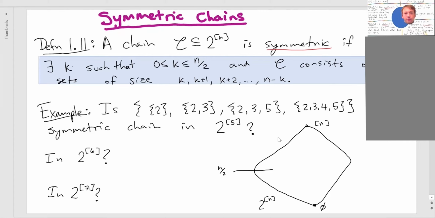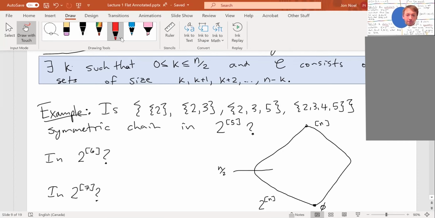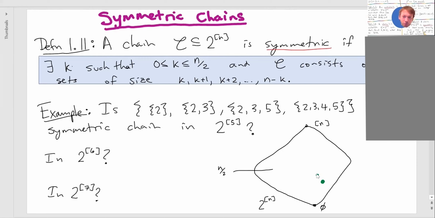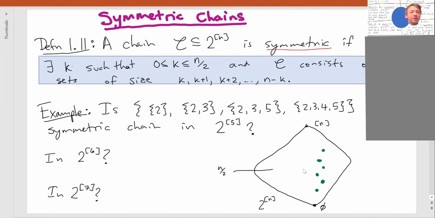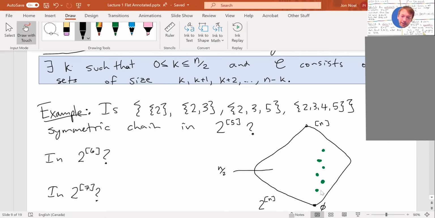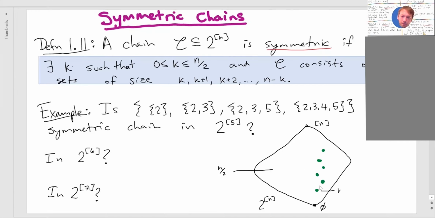So what a symmetric chain looks like is that it contains a set of size k for some k, and then it contains a set of one bigger all the way up. Let's say we started a bit lower. You've got a set of size k down here, which is contained in a set of size k plus 1, which is contained in a set of size k plus 2, all the way up every level up to n minus k.